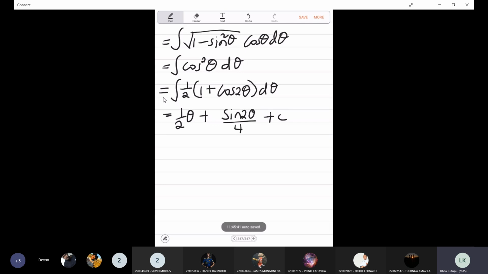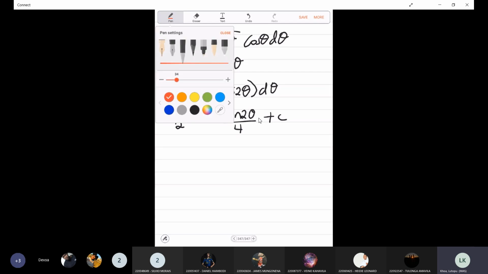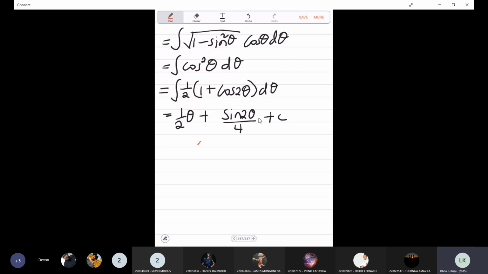Then now this is in terms of theta. We want to rewrite it so that it is in terms of x. So we would make use of our triangle. So we have a right angle triangle. We put theta over there. We say that x is equal to sine theta, so that means x over 1.